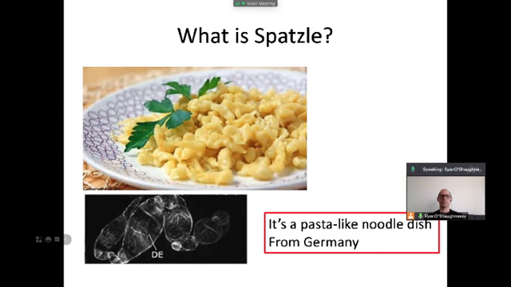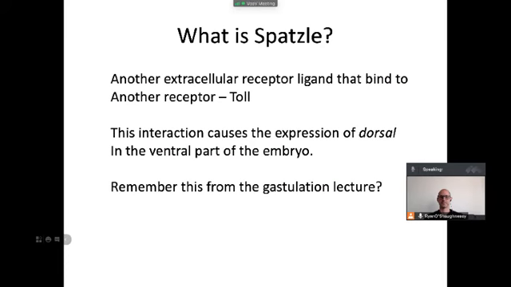So a dorsalized Drosophila embryo looks like a belly piece. So what is Spatzle? Spatzle is another extracellular receptor ligand that binds to another receptor called Toll. This interaction causes the expression of dorsal in the ventral part of the embryo.